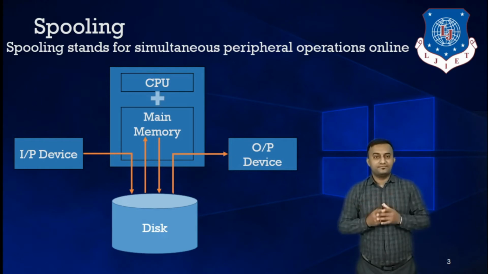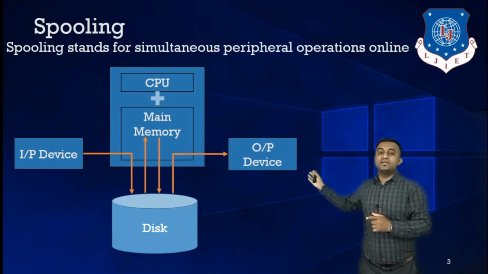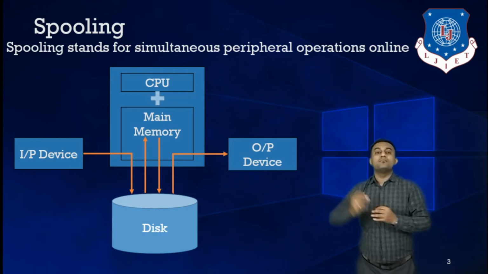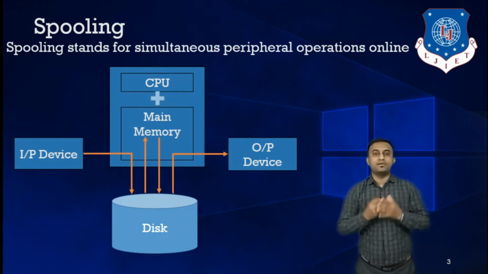The CPU is the core component, and memory is categorized into two subcategories: main memory and secondary memory. Main memory is RAM and ROM, and secondary memory is the hard disk.